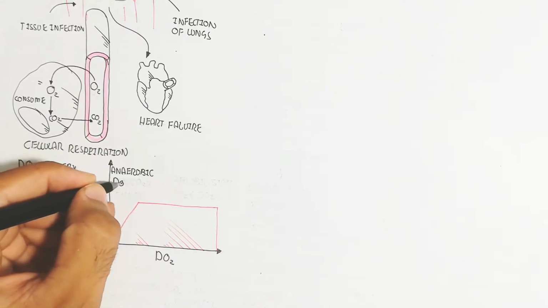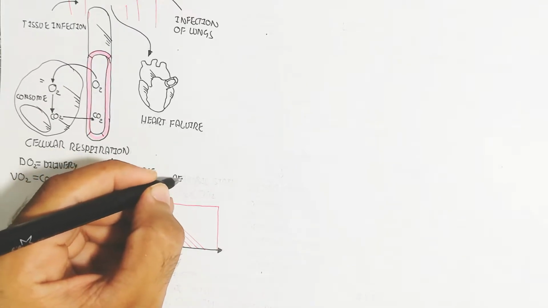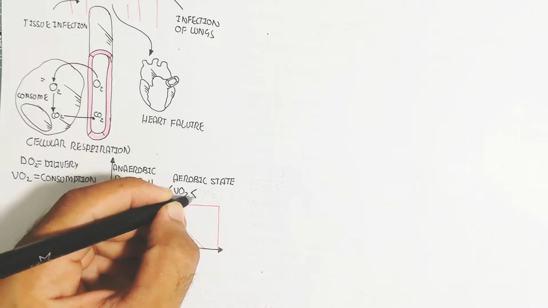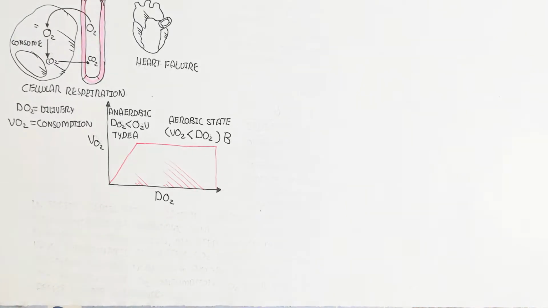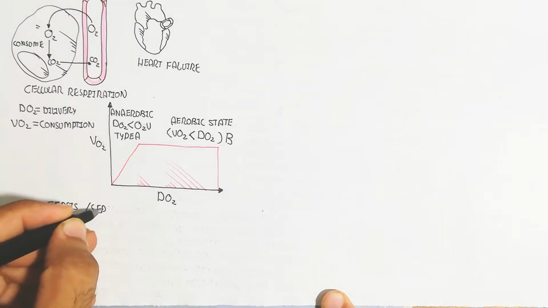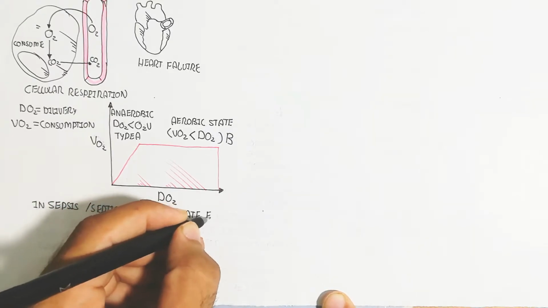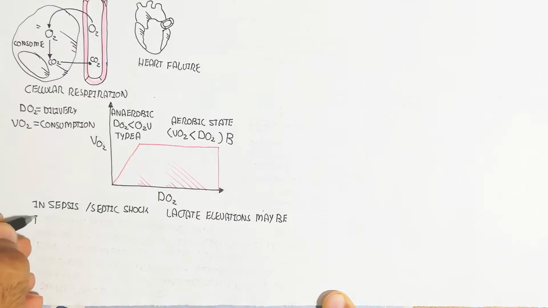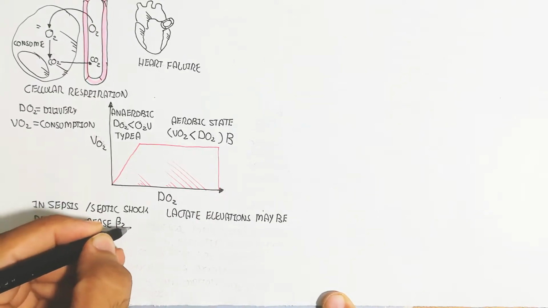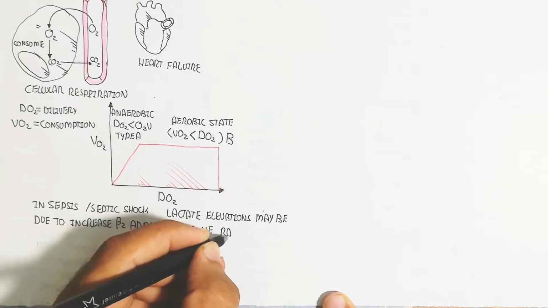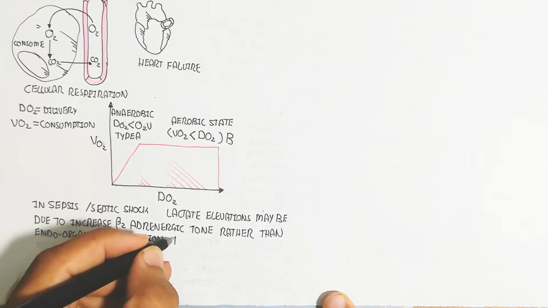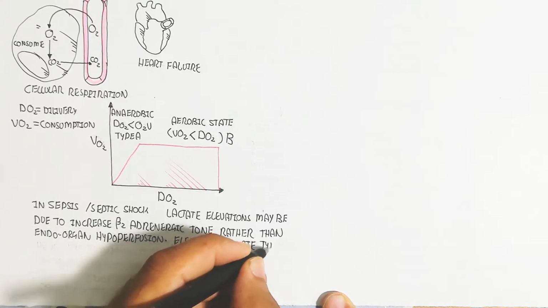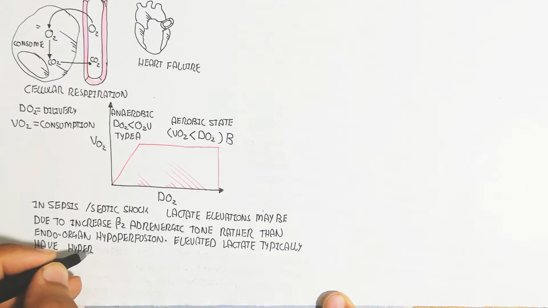So when delivery decreases to less than consumption, it leads to type A, while otherwise, when consumption is less than the delivery of oxygen, it is an aerobic state, type B. In sepsis, the septic shock, lactate elevation may be due to increased beta 2 adrenergic tone rather than an endogenous organ problem, and hypoperfusion may occur. Hypoperfusion or elevated lactate is due to burning, typically burning of the skin or other tissues.